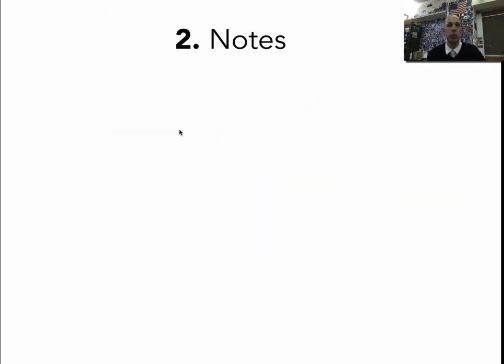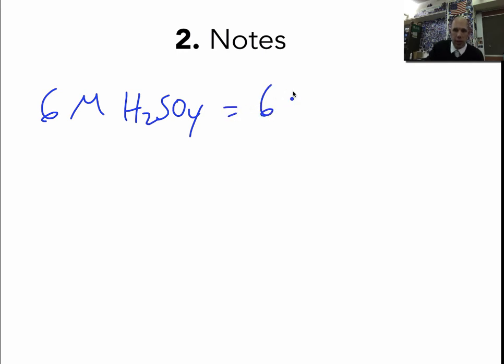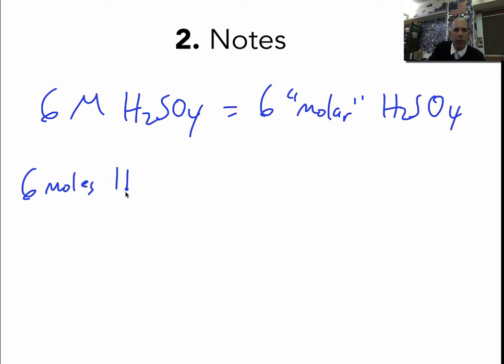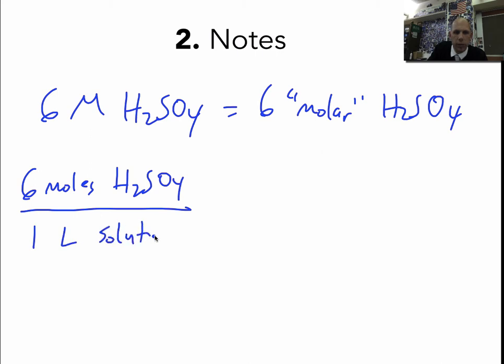Let's look at a situation where that's not always true. Let's say we had a 6 molar solution of sulfuric acid, H2SO4. So again, we'd say 6 molar H2SO4. And what that means is you have 6 moles of H2SO4 dissolved in every 1 liter of solution.